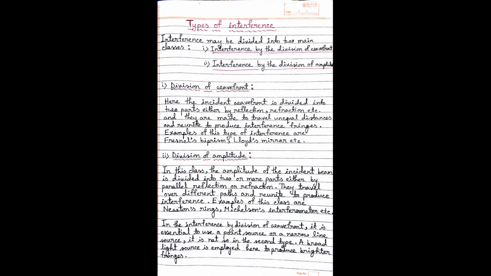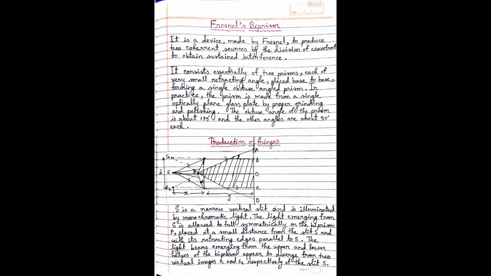Let's first see what is Fresnel's biprism. It is a device made up of two prisms, placed base to base, forming a small single obtuse angle.